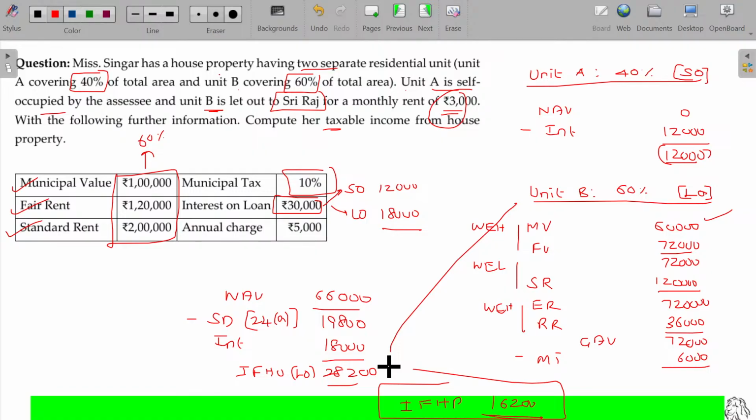Clear? Now let's move on to the next illustration.